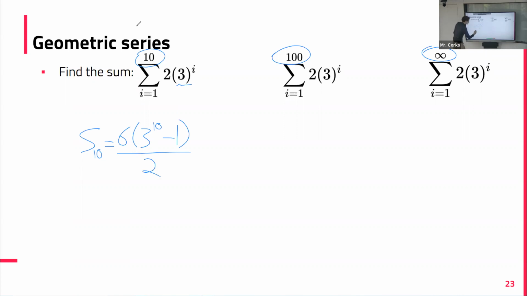All right, let's simplify a little bit here. 6 and 2 turns into 3 times 3 to the exponent 10 minus 1. And simplify a little bit more, minus 3.